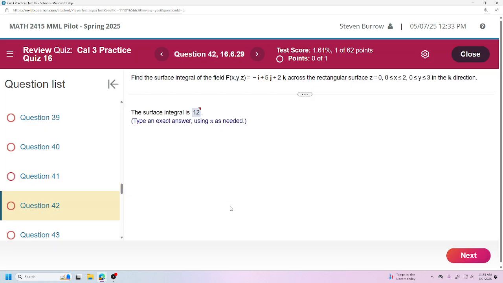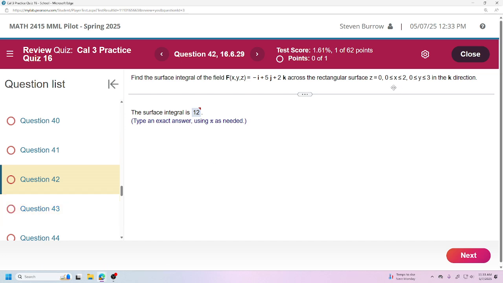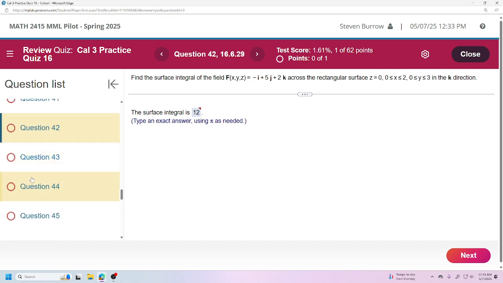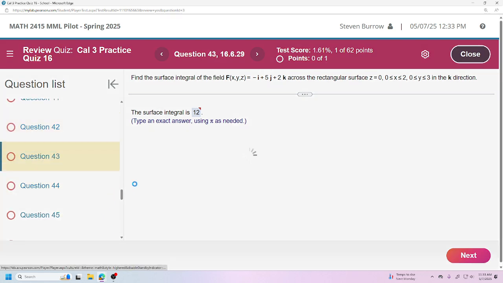Yeah, just partial credit, man. Exactly. I think this one, because it's a rectangular surface in the k direction, it is so easy just to do 0, 0, 1, and then you're done with that dot product and you're out of there. This is a super easy problem comparison because of that.